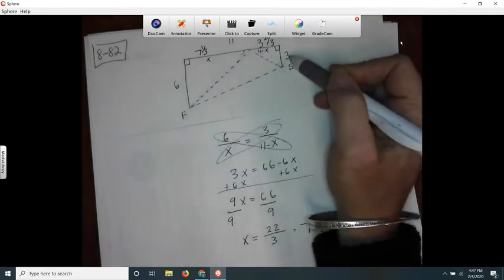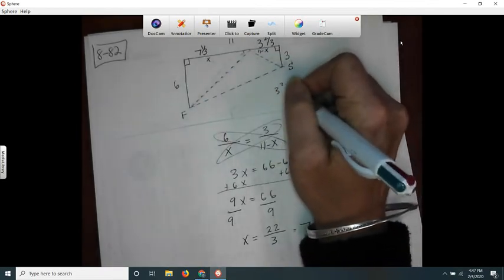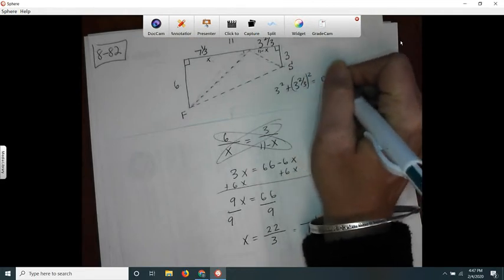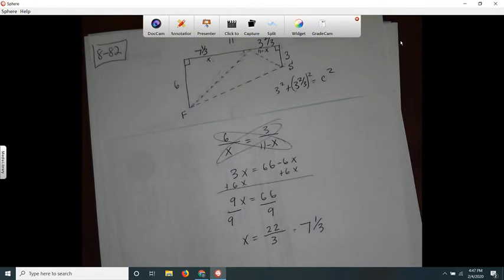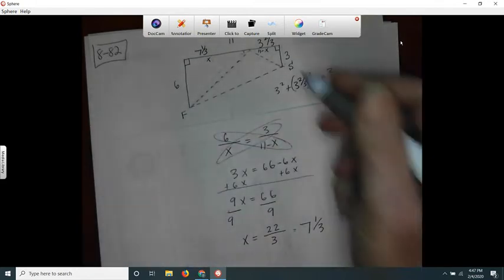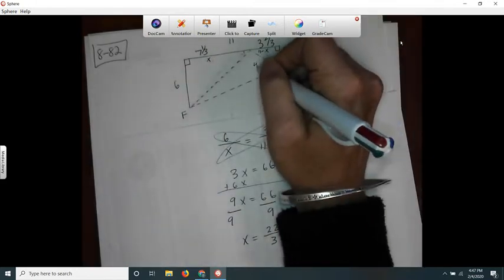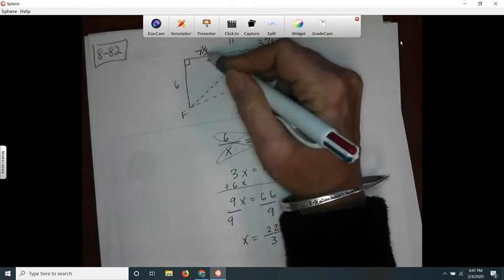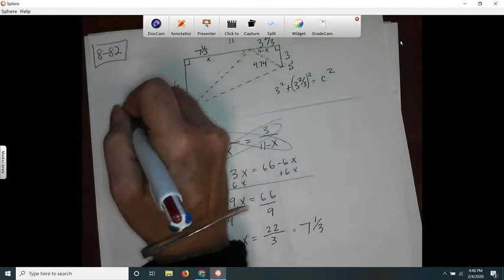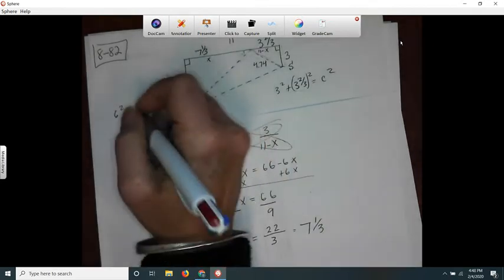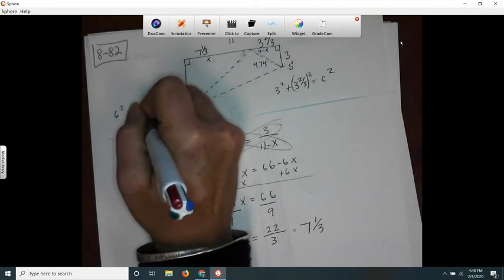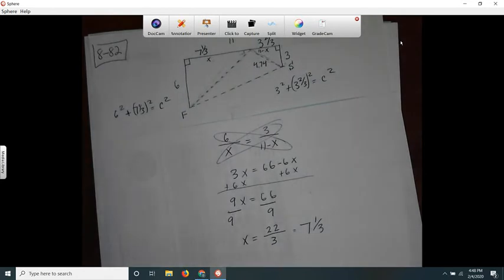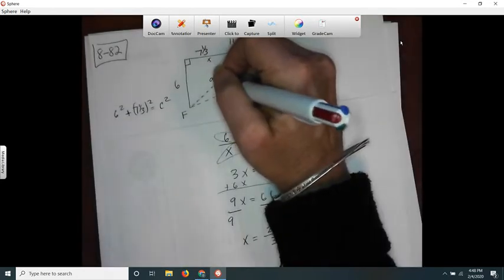So I can say 3 squared plus 3 and 2/3 squared equals c squared. I already did some of that work. I got 4.74 for this piece right here. And then over here I can say 6 squared plus 7 and 1/3 squared equals c squared. I put it in my calculator, and I got 9.48.